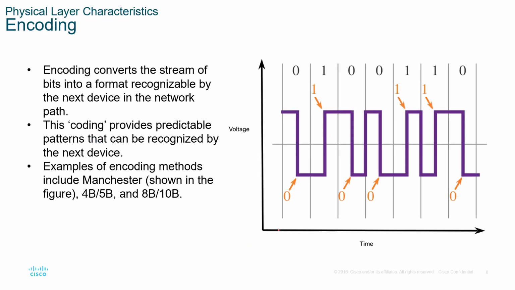All right, by definition, encoding is the process of converting data or information from one format to another format, especially when it is crucial for efficient transmission of that signal.